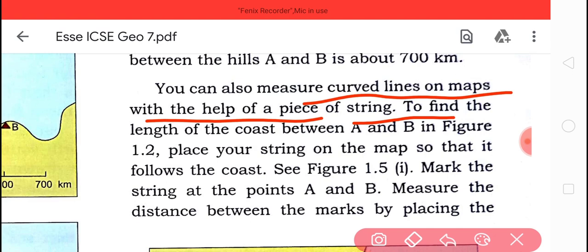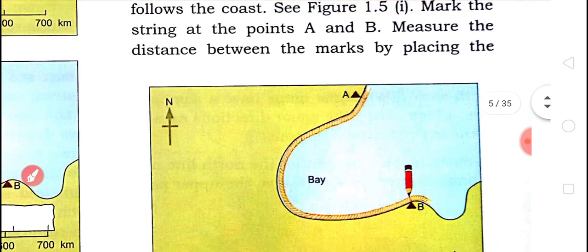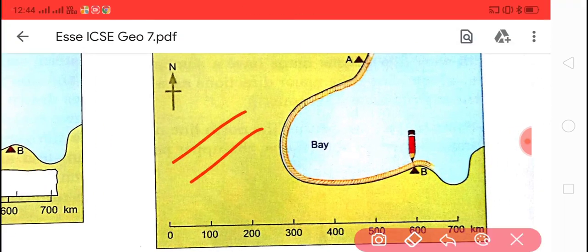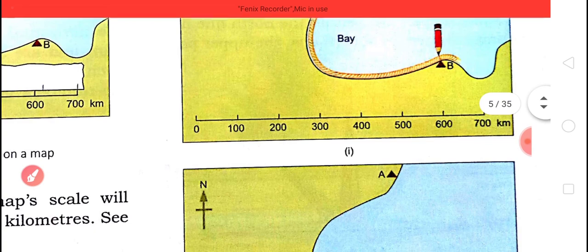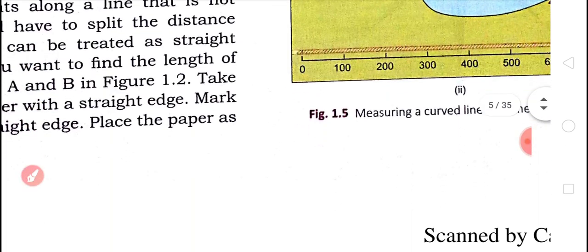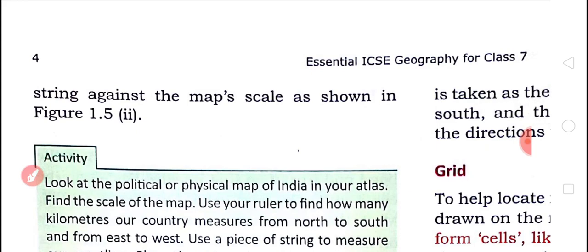Mark the string at points A and B. Measure the distance between the marks by placing the string against the map scale, as shown in figure 1.5.